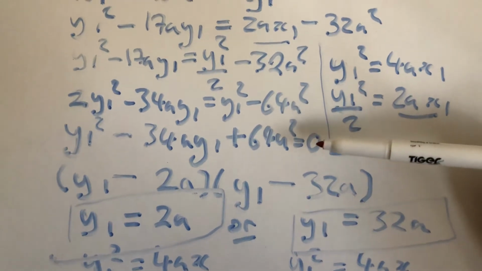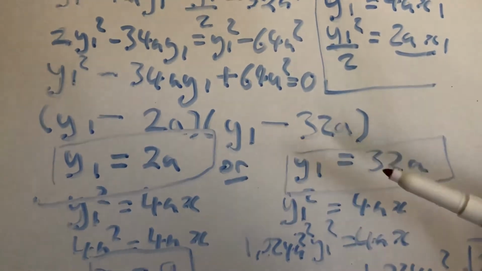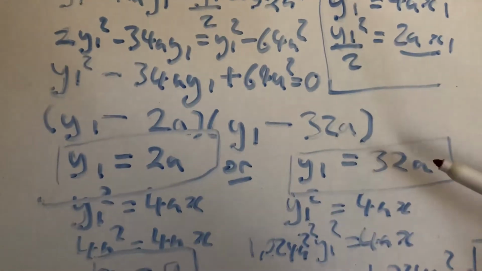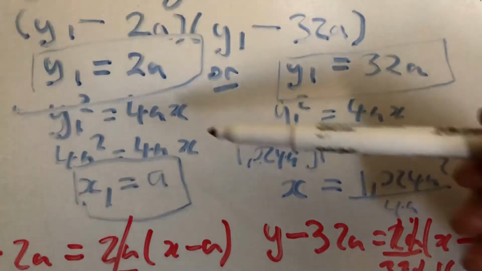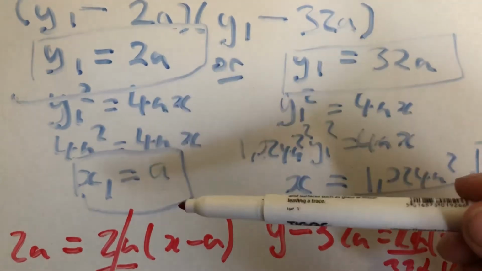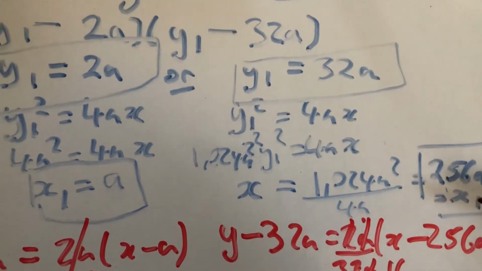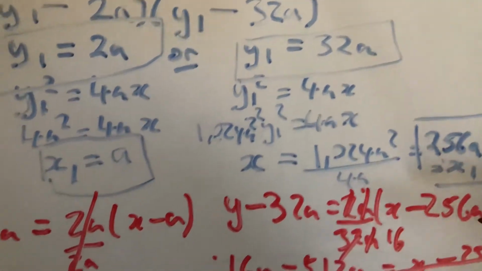Factorise it to come up with the values for y1 being 2a and y1 being 32a. Use the equation of the parabola, y1 squared is equal to 4ax, to work out what x1 is, in both situations being a and 256a.